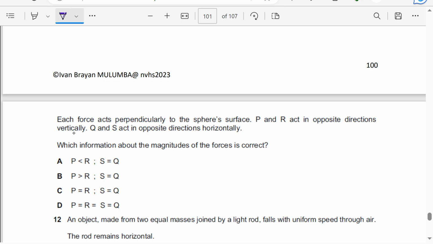P should be less than R. The answer is going to be A because pressure increases with depth. R is at a greater depth, so the pressure there is greater. So the force there is greater because force is equal to pressure times area. If the pressure is greater, the force is also greater at R.